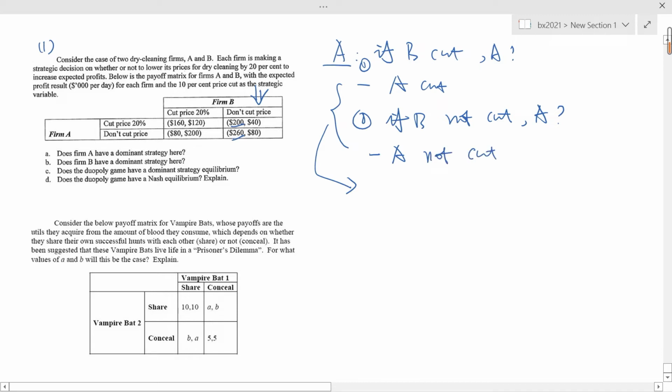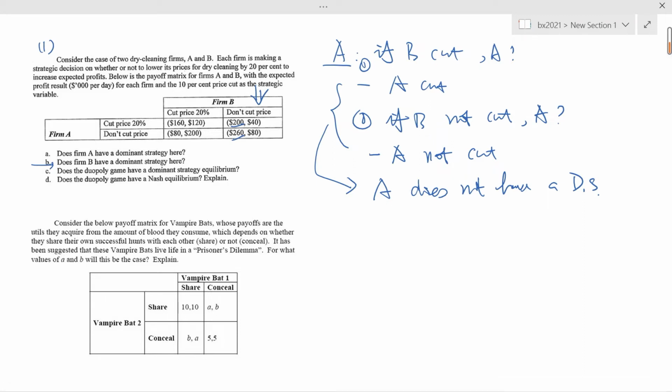So we see that A's strategy depends on B. So A does not have a dominant strategy. Similarly, you can check whether B has a dominant strategy or not. And since not all players have a dominant strategy, we do not have a dominant strategy equilibrium here.